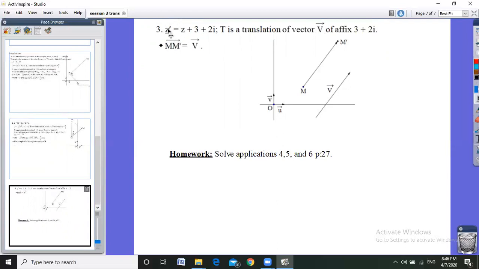Here we can see Z prime minus Z equals 3 plus 2i. So the affix of vector M M prime equals the affix of a vector, let us call it V. We get this translation by vector V of affix 3 plus 2i, where vector M M prime equals V.